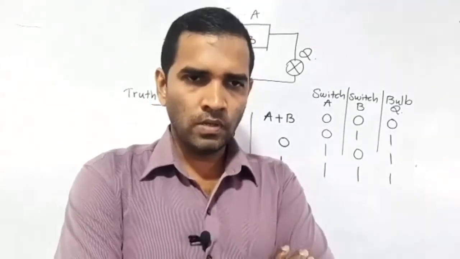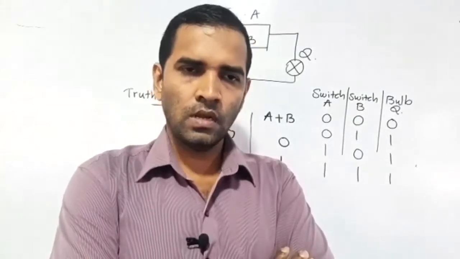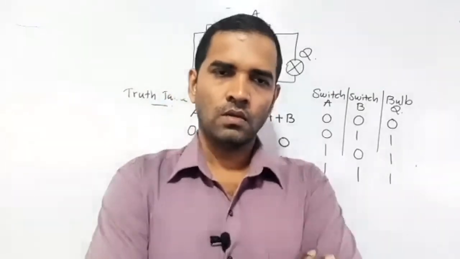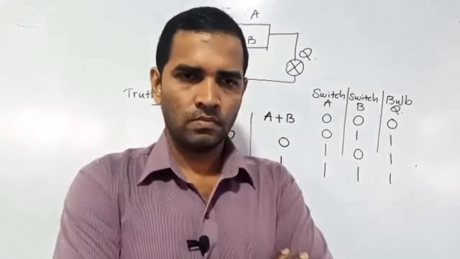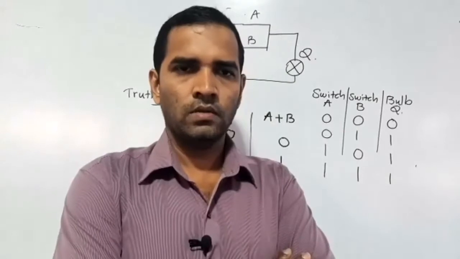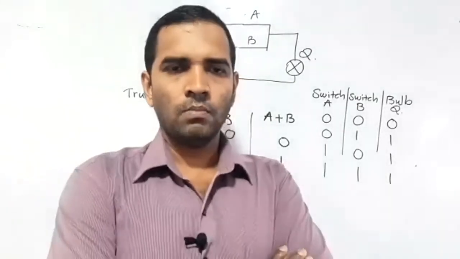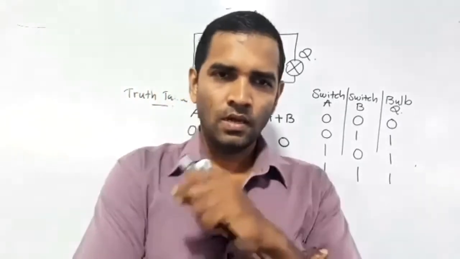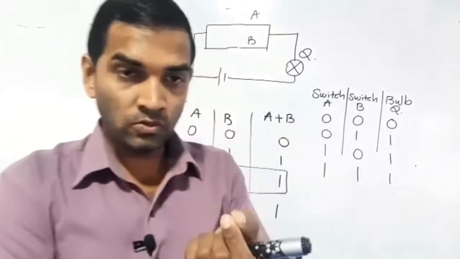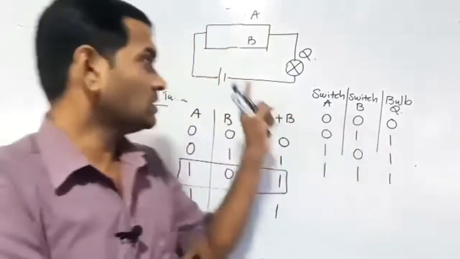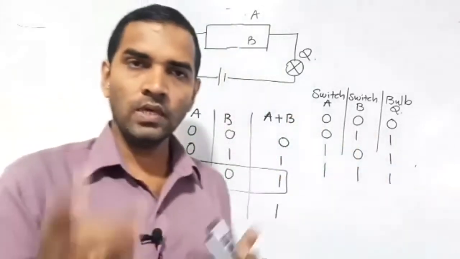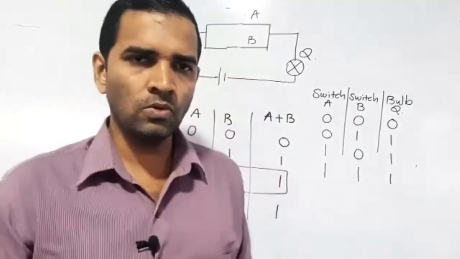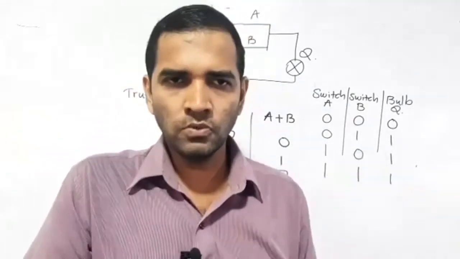OR gate produces low output when... wait a second, don't use the word both, because in this particular example we have 2 inputs, but there may be 3 inputs, 4 inputs. So it is not good to say when 2 inputs are 0.